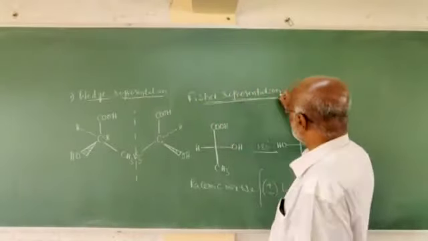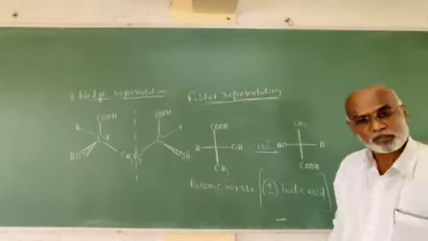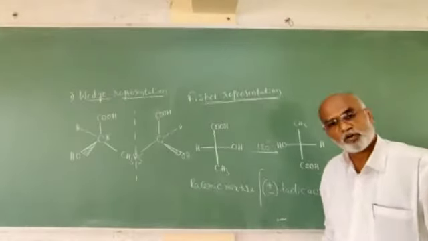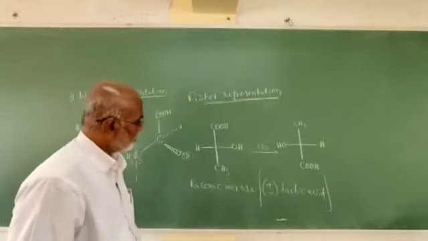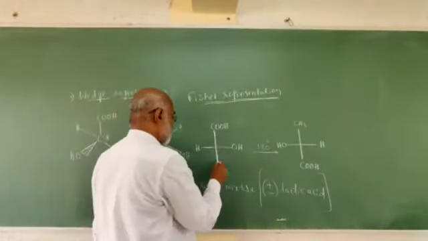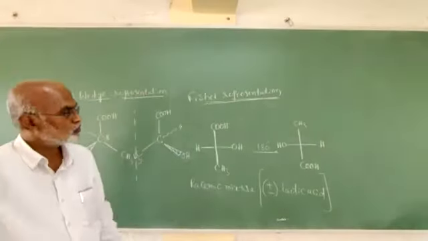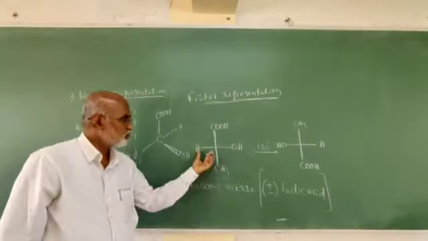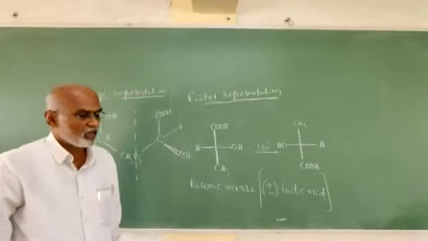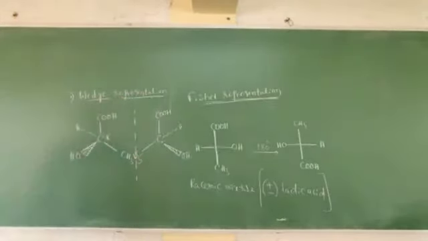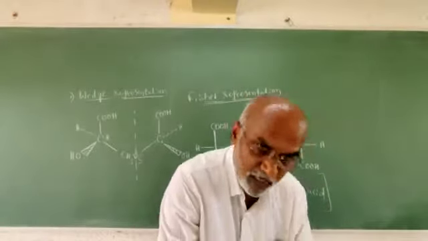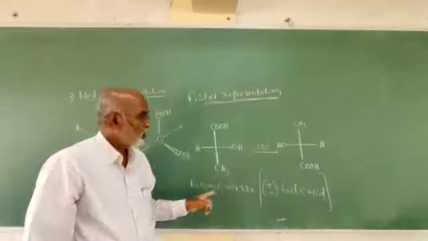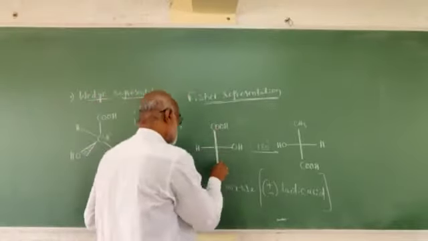Coming to the Fischer representation. In the case of Fischer representation, we are going to represent the molecule by writing horizontal and vertical bonds. So we are going to write 2 bonds: one is the horizontal bond and the other one is the vertical bond.